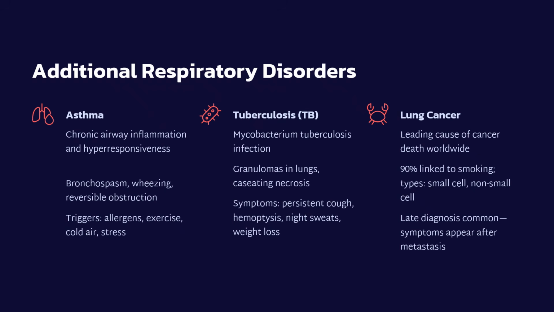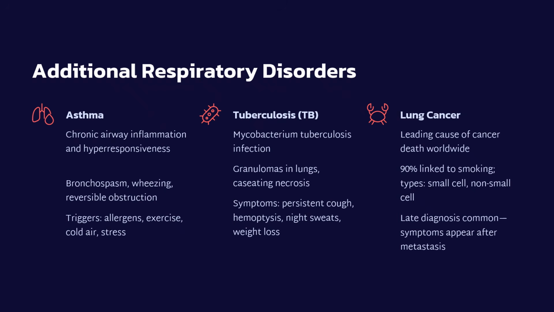The good thing in asthma is that once you remove the triggers such as allergens, exercise, cold air, and stress, asthmatic patients have usual and ordinary day-to-day activities. So there is no need to limit their activities. Asthma is a reversible airway inflammation.